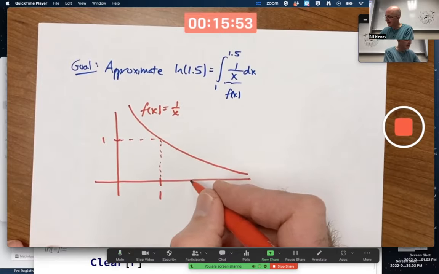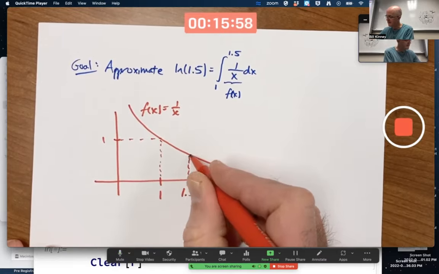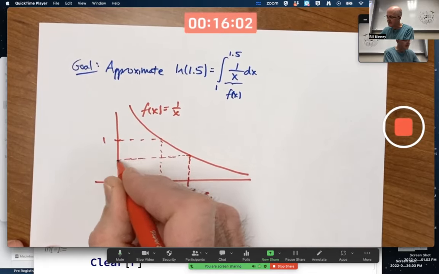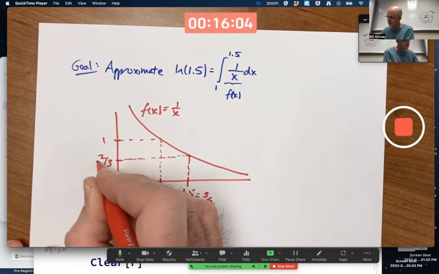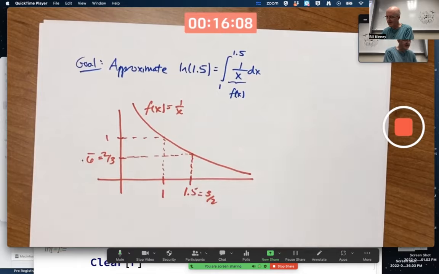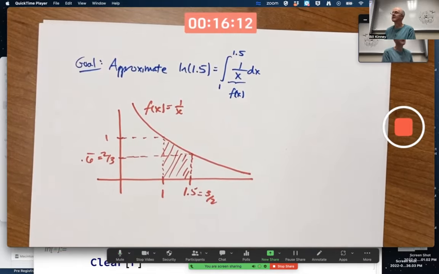This integral is going to give us the area under this curve from 1 to 1.5, which is 3/2. The output at 3/2 happens to be 2/3, 0.6 repeating. I'm really trying to estimate this area, to estimate ln of 1.5.